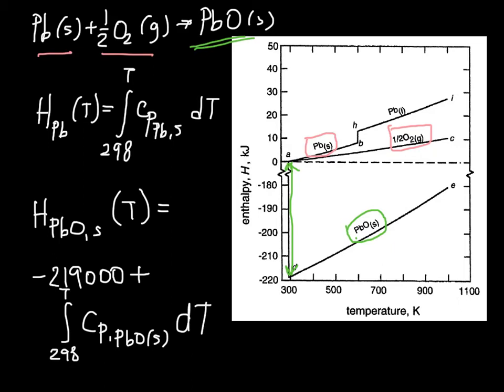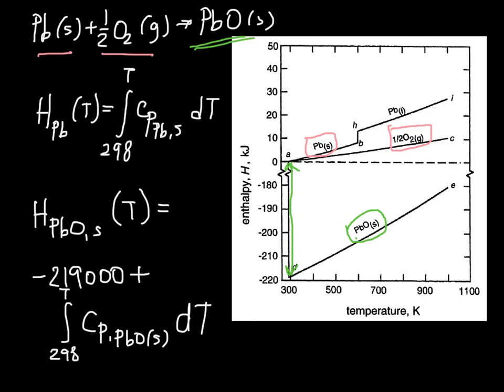Now I've not put in any n here because the coefficients on lead and lead oxide are both 1. If I was writing an expression for oxygen, I would need to remember to include this 1/2 here. Okay, so the enthalpy of formation at 298 is basically just this difference because the enthalpies of the elements are 0. But the question is, what if we want this at a different temperature?